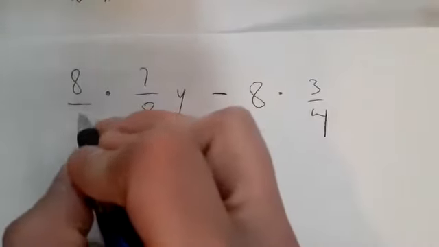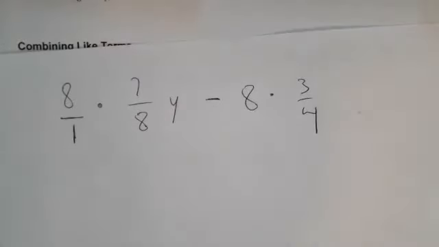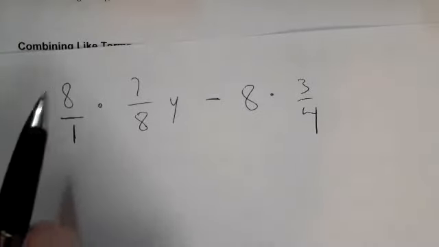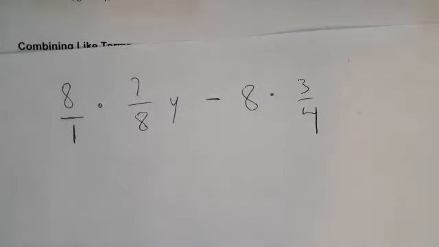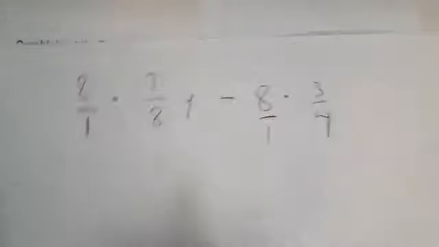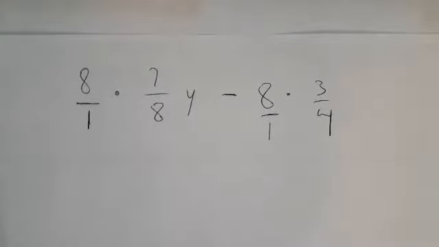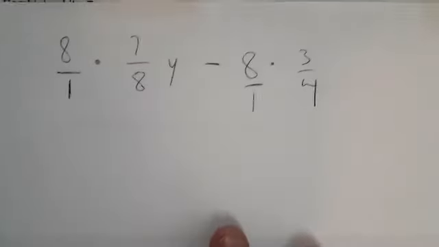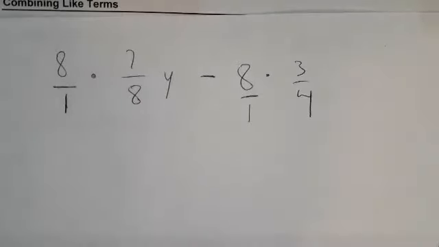Well, if you divide something by 1, it's still going to be itself. 8 divided by 1 will be 8. And so this is still the same number. So if you have a whole number, it's understood you can always divide it by 1. And so now I'm at this step.